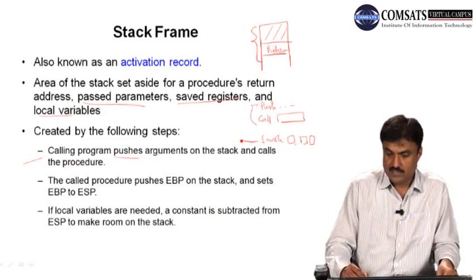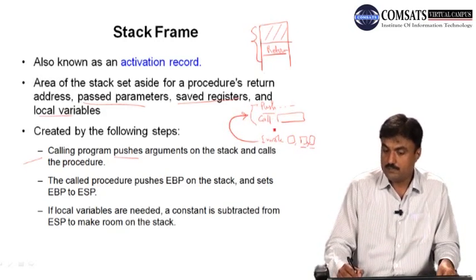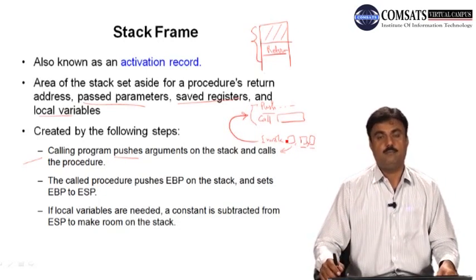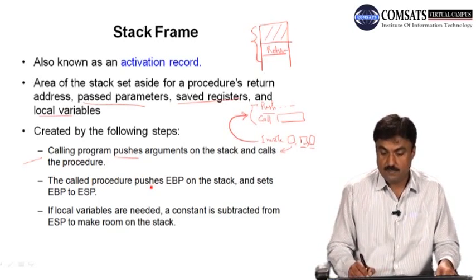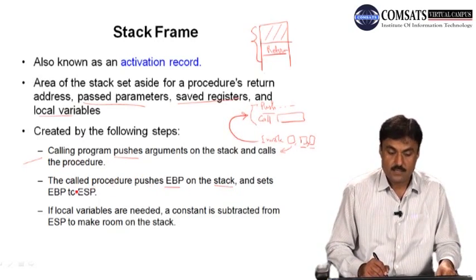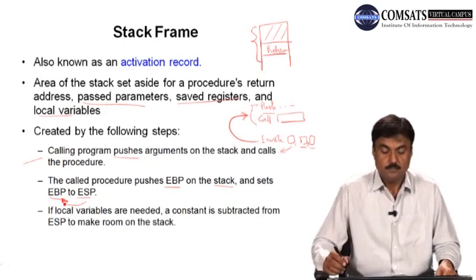So it is converted into this format. First, it will push all these parameters, and then it will call this procedure. The called procedure pushes EBP on the stack and sets EBP to the ESP.